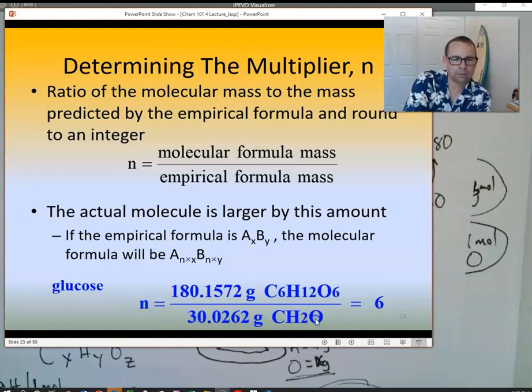So in this case, glucose, the molar mass was 180, the empirical mass was 30, 180 divided by 30 gave us our multiplier, which is 6.